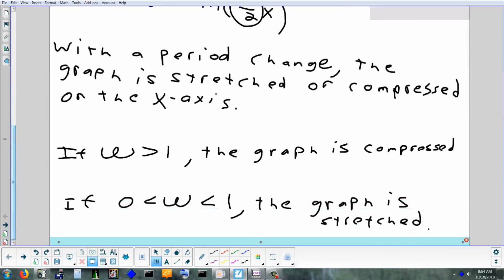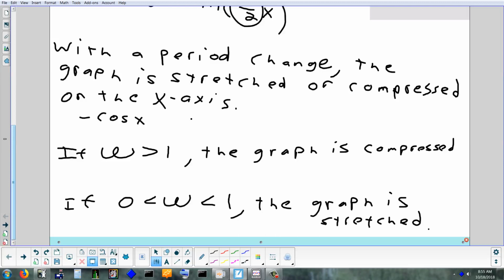Okay. Now you might say, well, what if that's not w, it's omega, but what if the omega was negative? We're not going to deal with omega being negative. If you remember what a negative does, what does a negative do? It flips it. If you put a negative in front, it flips it up and down.